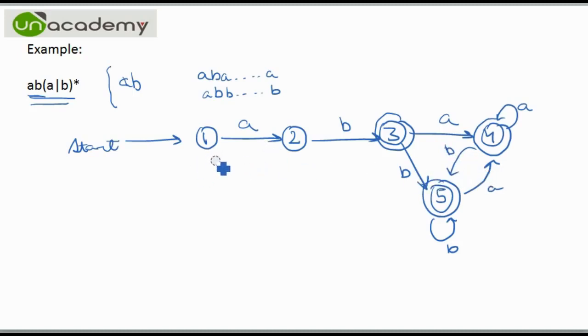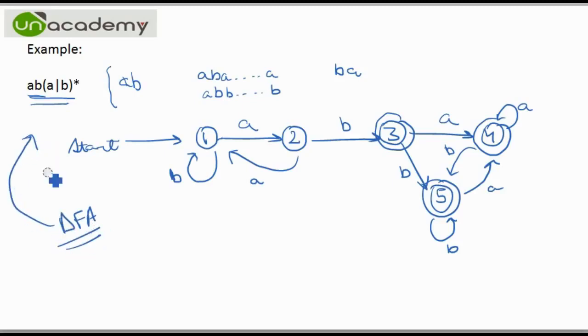Also, it might happen that in the starting we can get an input like BA. So we do not have any state to start off with, so it will keep on repeating the state 1, that is the start state. Also, if after one single A we get another A input, it will go back to the initial state. So this is the required DFA for this regular expression.